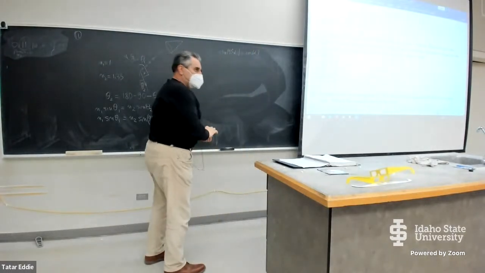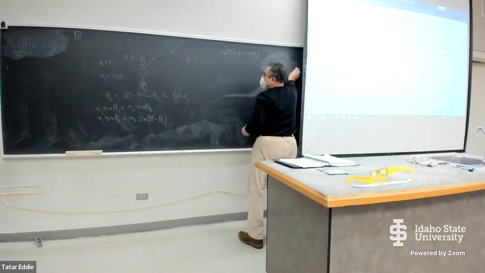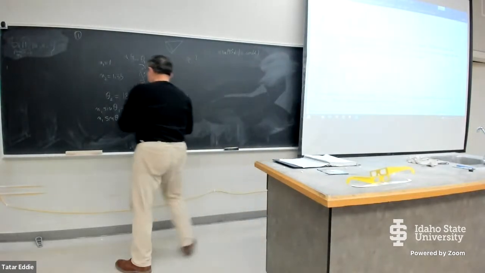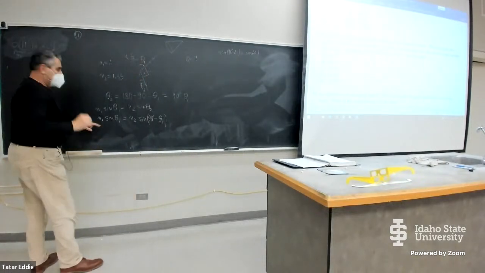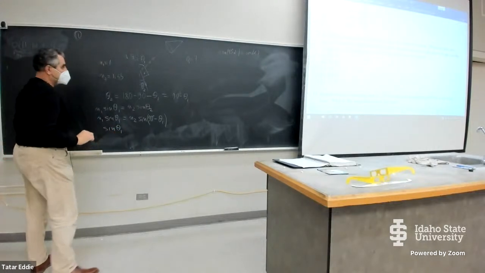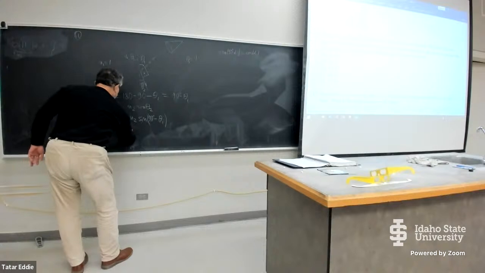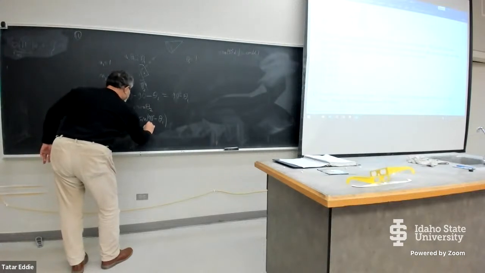It is in the books. Knowing that identity, and n1 being 1, I can say sine of theta 1 is equal to n2 times cosine of theta 1.